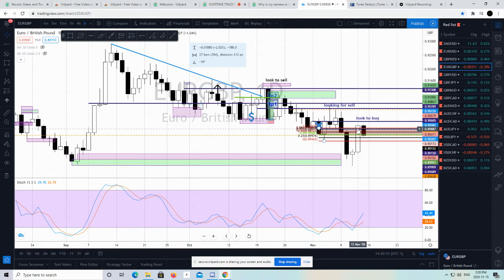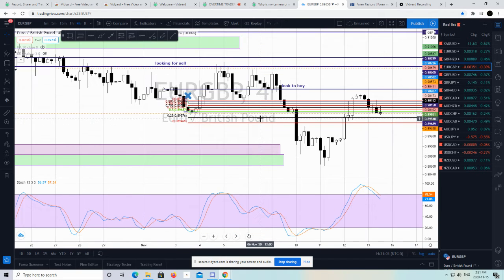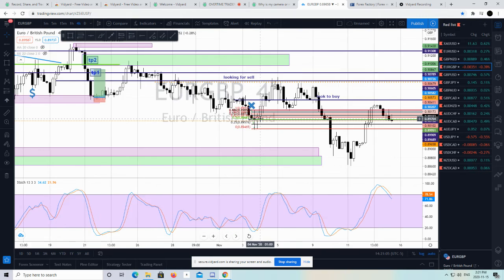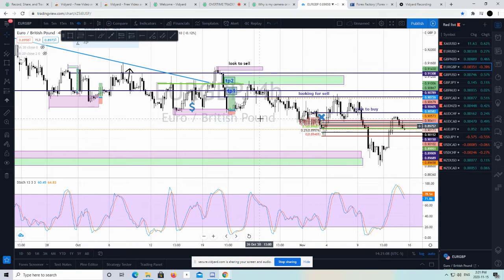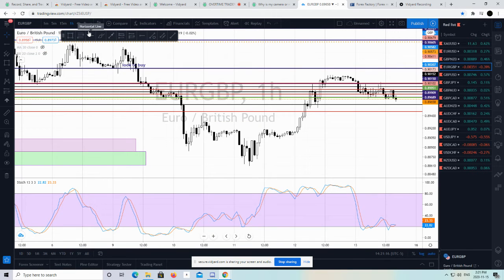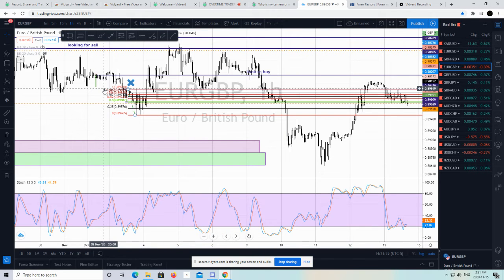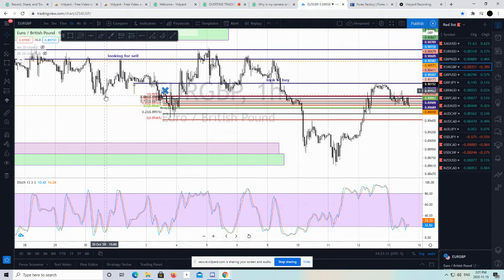We closed at this high, and we're in a little bit of retracement here on the lower time frame. I am also looking for Euro GBP to head up. We're definitely accumulating right now on the lower time frame.